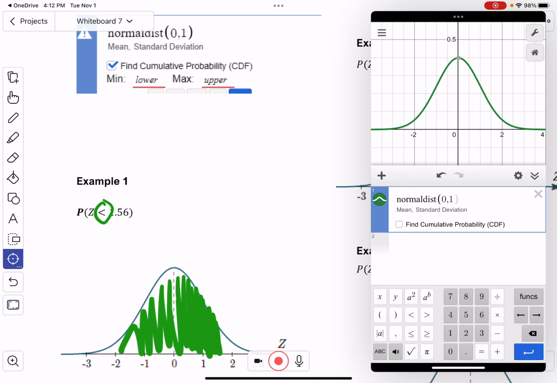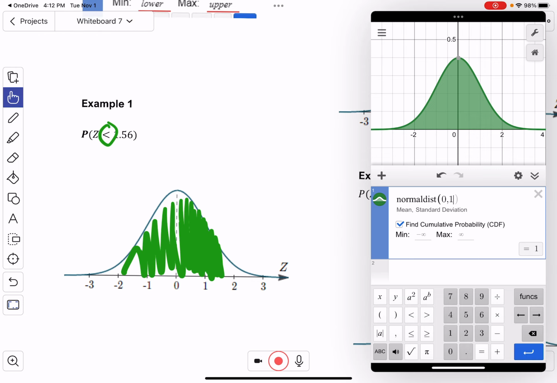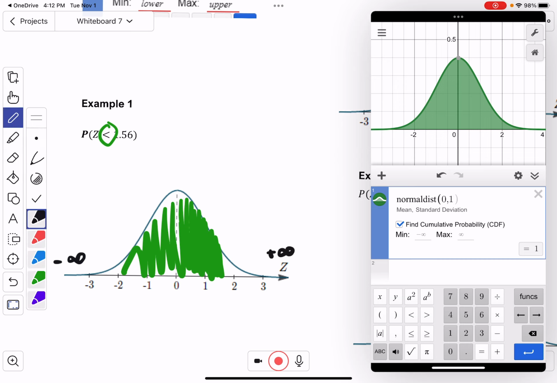The next thing we're going to do, on this next part, the minimum value, is check the one that says find cumulative probability, because we're trying to find a cumulative probability. The way this works is you set a lower and upper bound depending on your values. In this particular curve, the lower bound starts at negative infinity, and the upper bound, the maximum value it can be, is positive infinity. We start on the left at our shading.